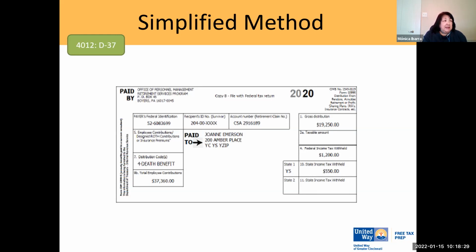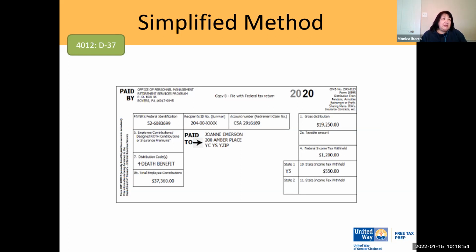You can get retirement income if you're retired. You can get retirement income if you're not retired. So for whatever reason, if you had to go in and pull out retirement income and you're not of retirement age, you will still get one of these. So you could be 25 and pulling out your retirement income, and you'll get one of these forms, the 1099-R.